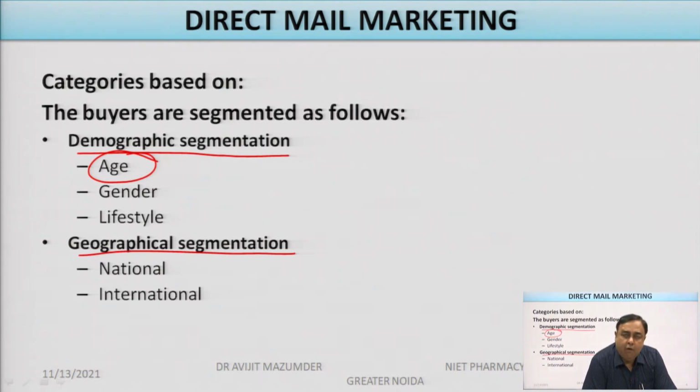The next way of classification of the buyers is gender, because some products are meant specifically for men, some products are meant specifically for women, and some products may be used by both men and women.